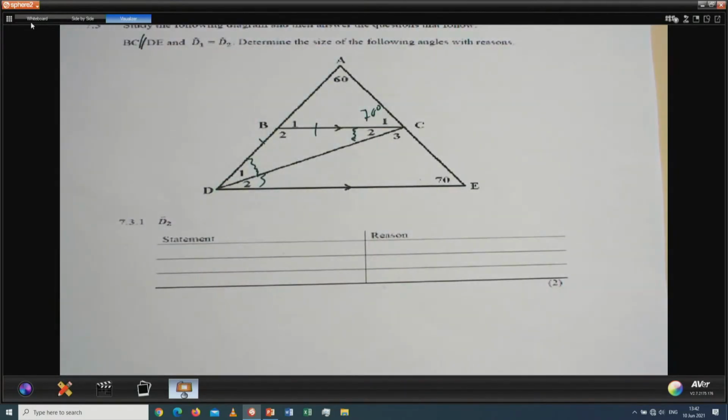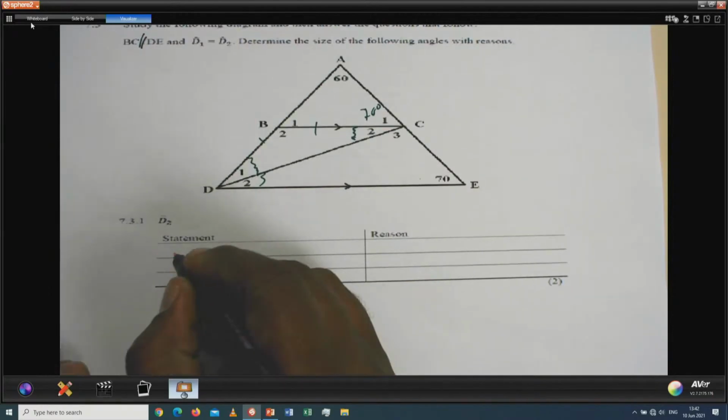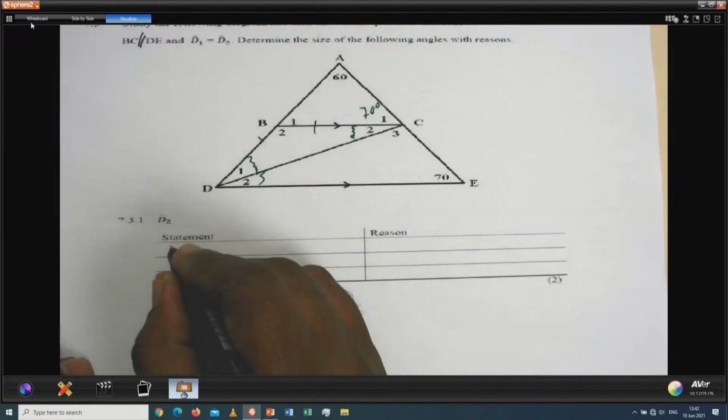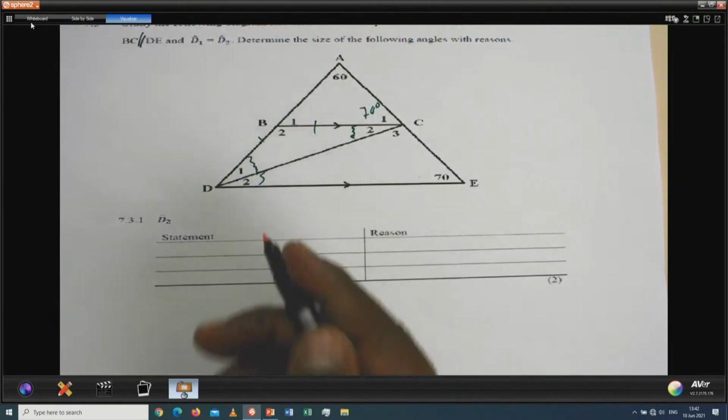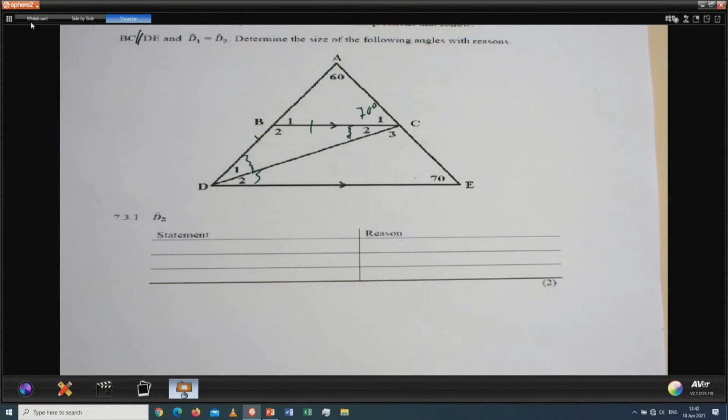But let's start nevertheless. They're looking for D1 and D2, and we don't know the size of any of them. We've got no idea.